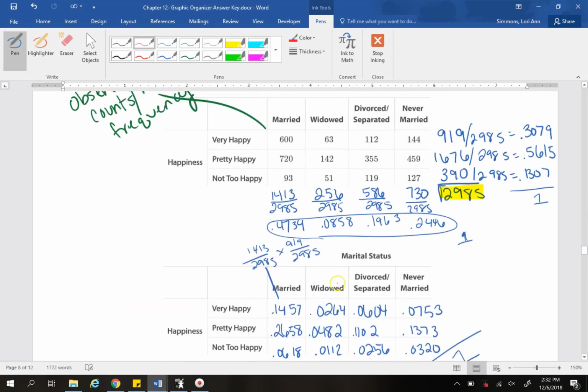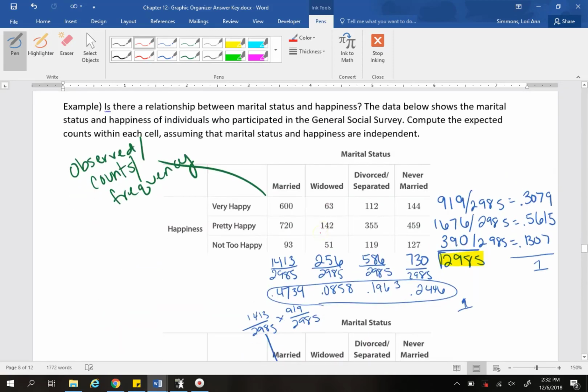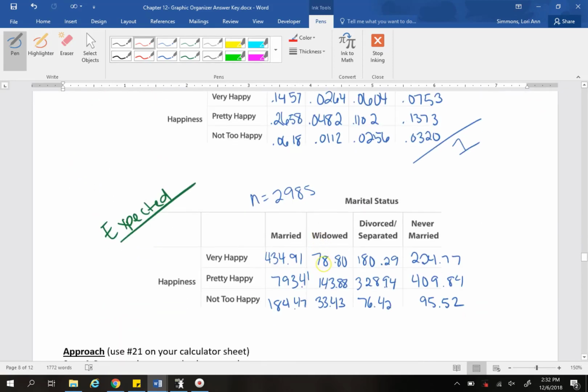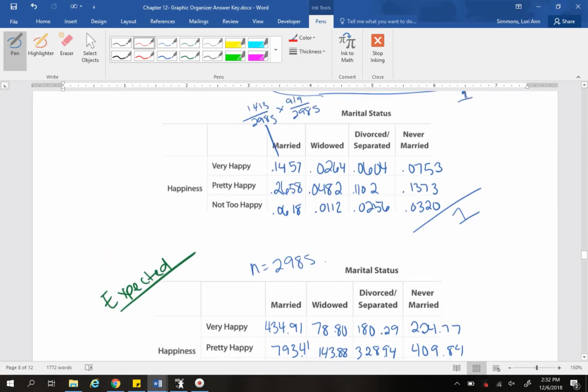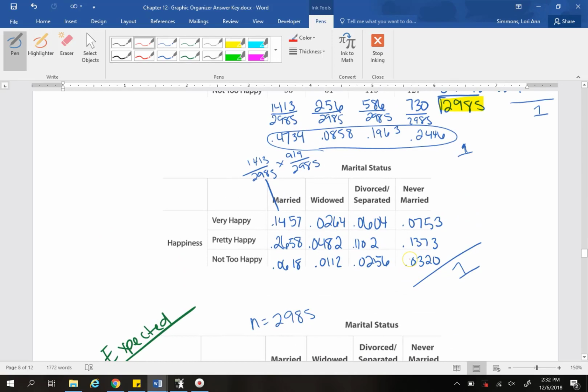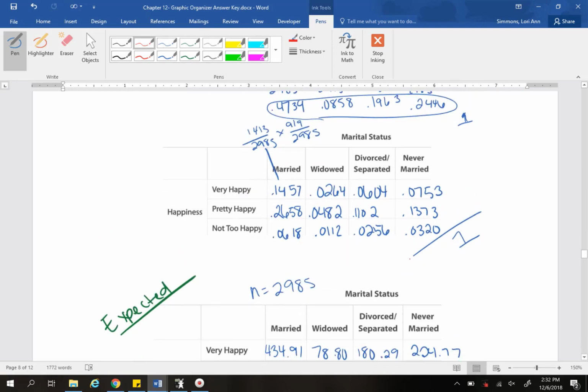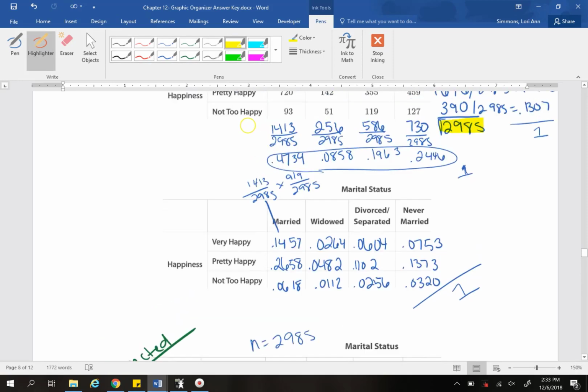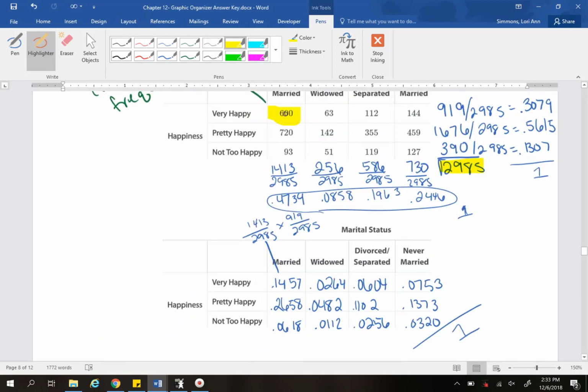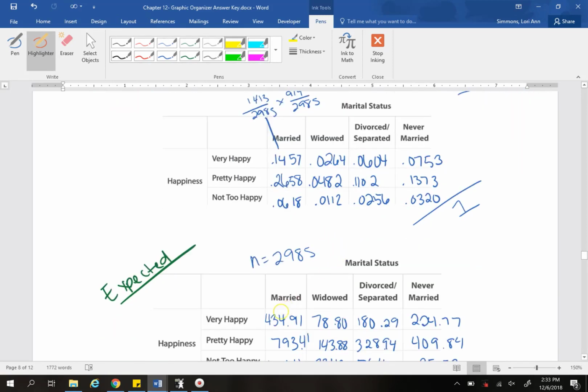So see which one has the largest difference. So widowed and very happy is a difference of about 15, 16. Go through all of them. Okay, once you've gone through all of them, you should notice that married and very happy had the largest difference.